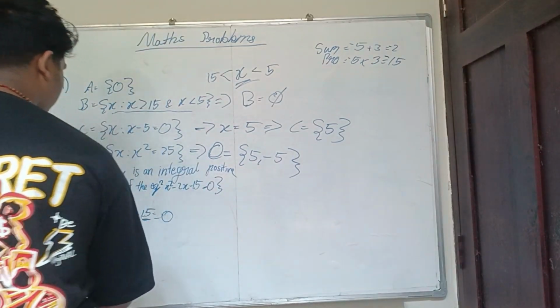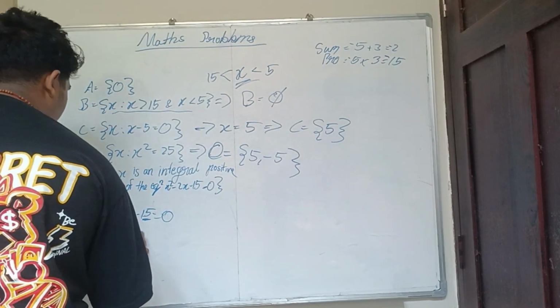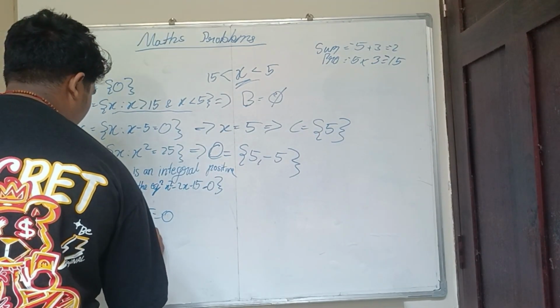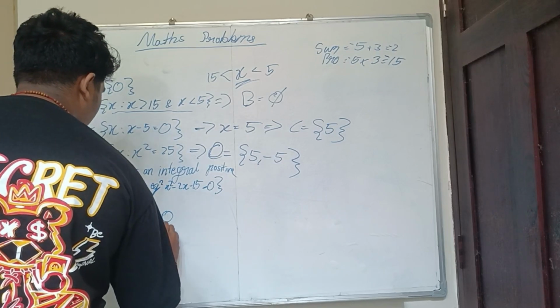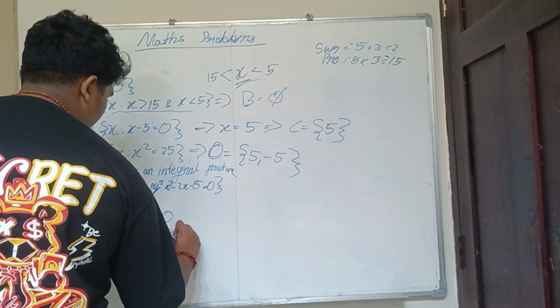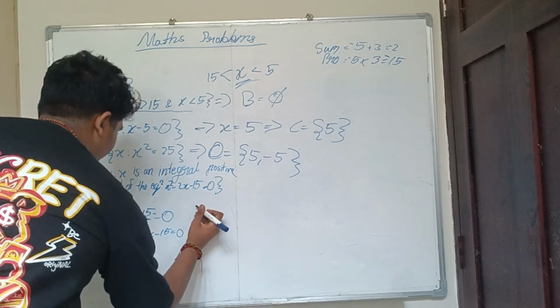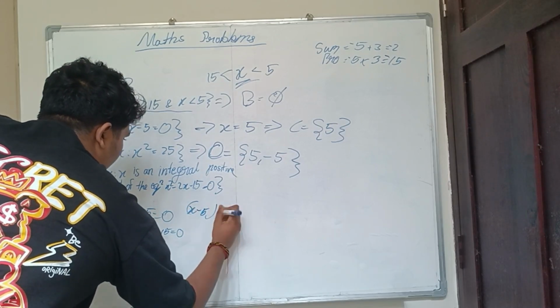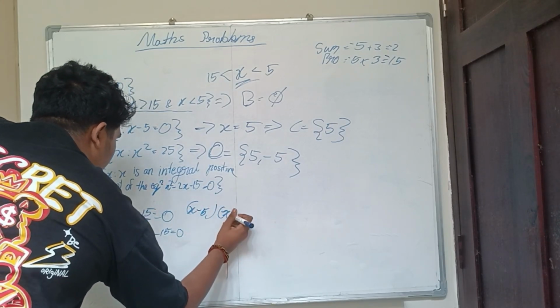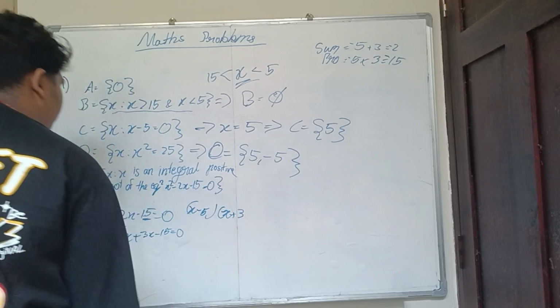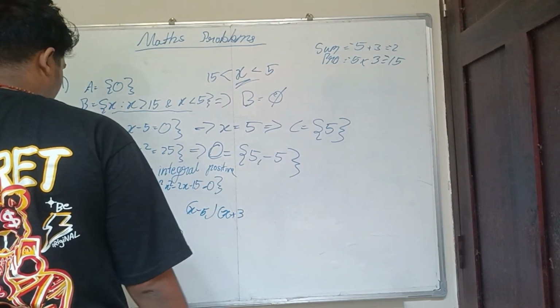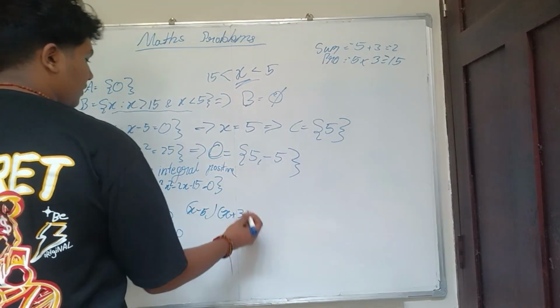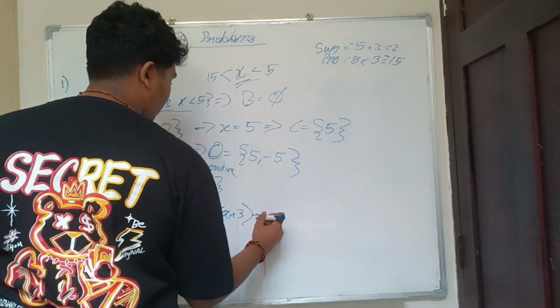Hence we got x square minus 5x plus 3x minus 15 is equal to 0, which will give you x minus 5 and x plus 3, which is equal to 0.